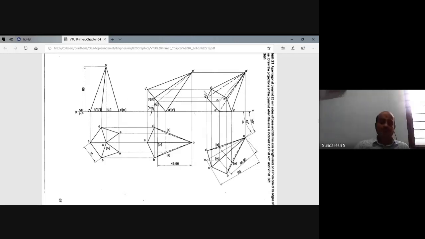This is the completion of the first problem, that is a pentagonal based pyramid resting on HP with one of its base edges, and the axis is inclined to both HP and PP. For this problem we have to complete the projection by taking the PCAM. So any doubts, any clarification by the students, you can ask me.